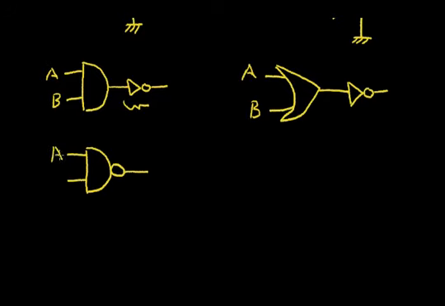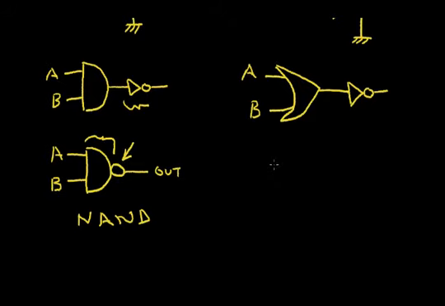This is input A, input B, and output. So this means not AND. So NAND means not AND, and this is the not symbol. And this part is the AND gate.